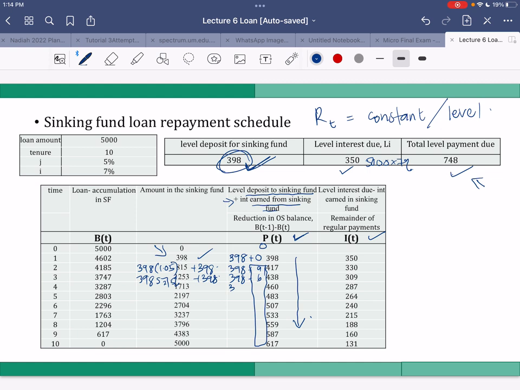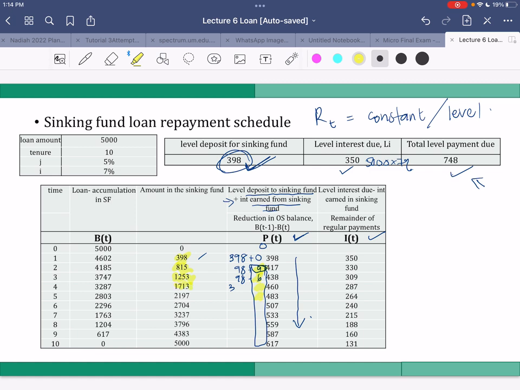The amount that is in your sinking fund will accumulate interest. So this is the interest that you get from here, this is the interest that you get from here, and this is the interest that you get from here, and so on and so forth.